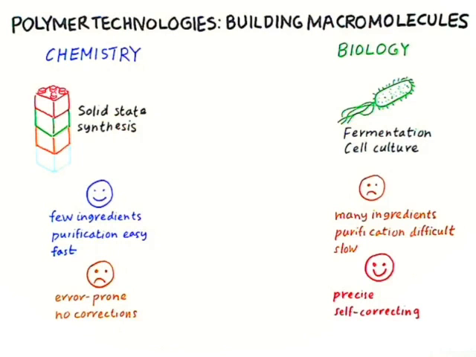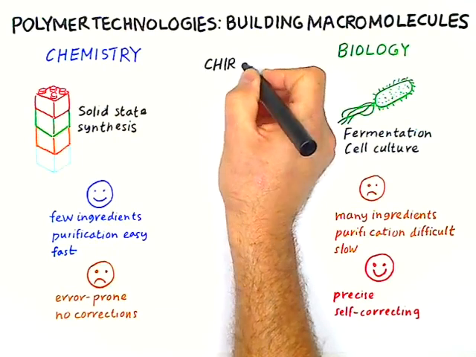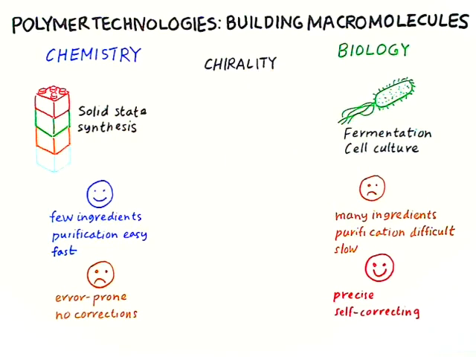A final fundamental difference between chemical and biological synthesis is the ignorance or respect of chirality. Chirality refers to the capacity of some molecules to exist in two mirror forms that cannot be superposed.